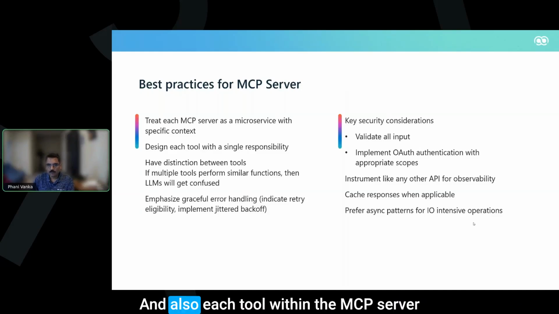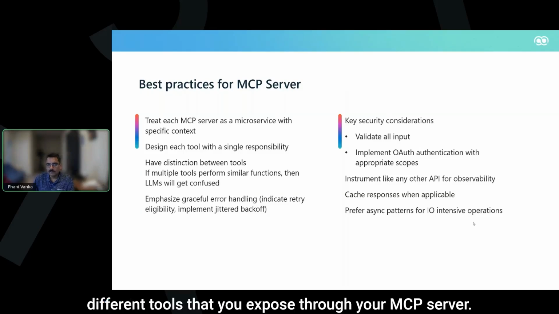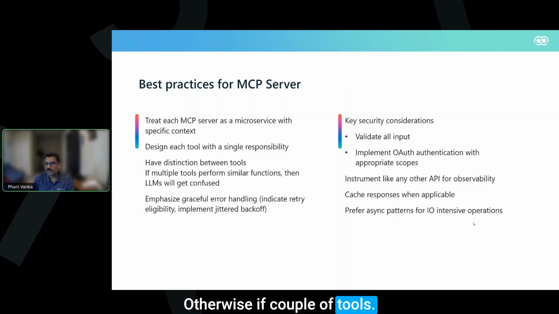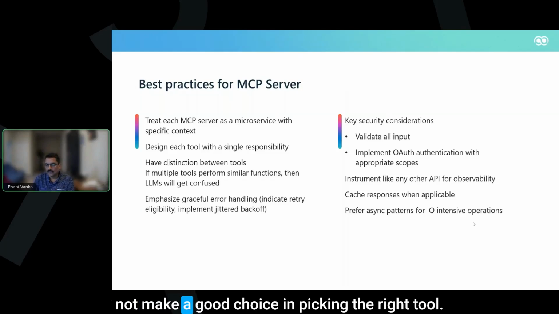And also each tool within the MCP server should have a single responsibility. And there should be enough distinction between the different tools that you expose through your MCP server. Otherwise, if a couple of tools are somewhat close in functionality, then LLMs will not make a good choice in picking the right tool.